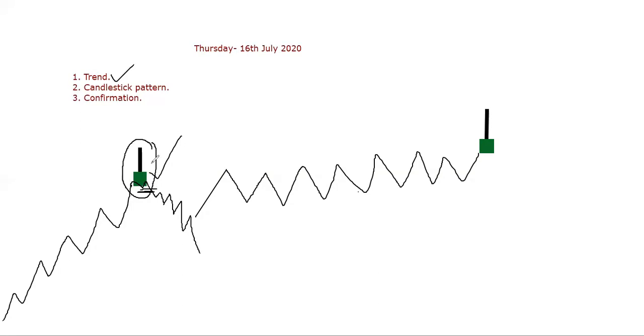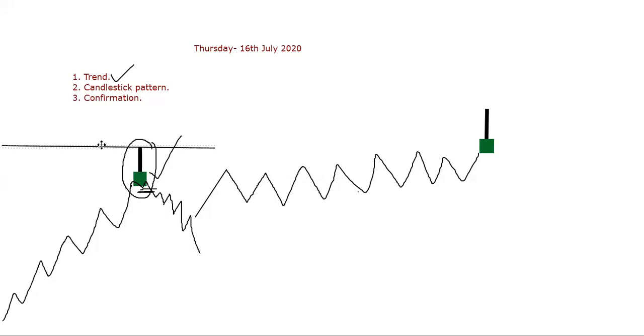And how do we initiate a trade? Let's assume, just take a hypothetical example, that before this candle was formed, you had already drawn a resistance line at this level. Okay, on a higher time frame, let's say that you saw this candle in the 3-minute time frame.